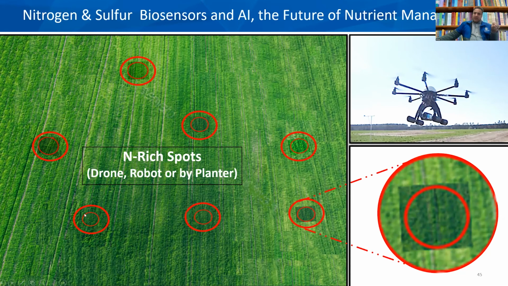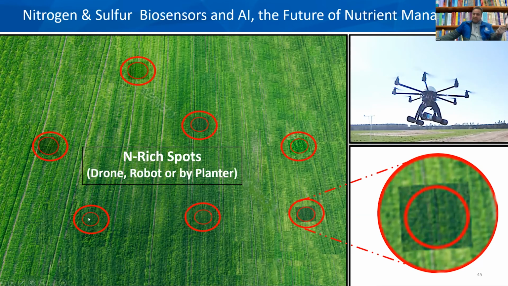We apply enough nutrient to this spot, and later when we want to check how the plant did with the enough nutrient, we will go back and measure the improvement in this particular spot where we applied the nutrient, or nitrogen, or any other type of nutrient.